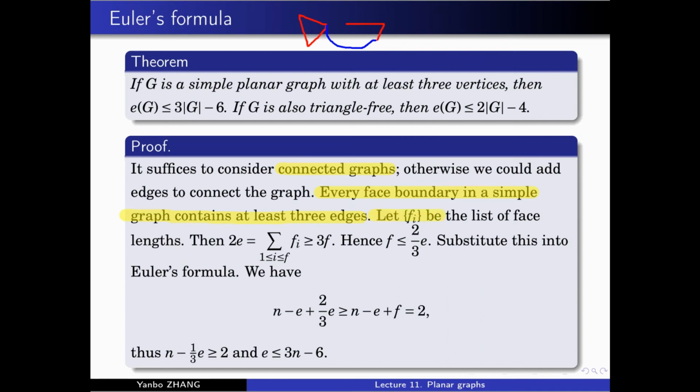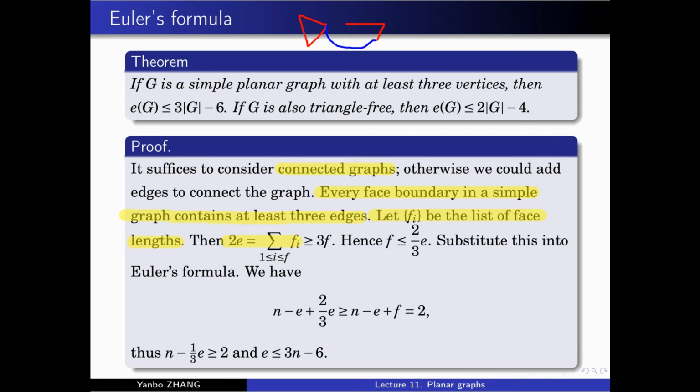Let l(Fi) be the length of face Fi. Each l(Fi) is greater than or equal to 3. Then 2e(G) equals the sum of l(Fi). This has been proved before because every edge is counted twice when calculating the sum of the lengths of the faces.